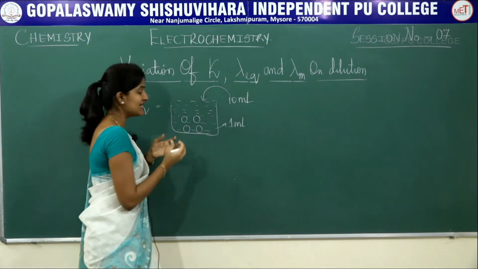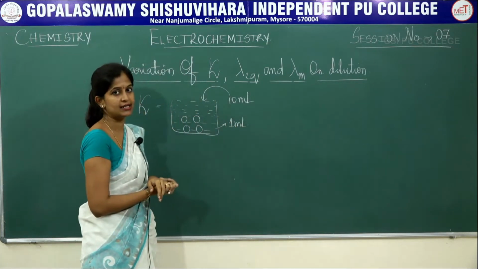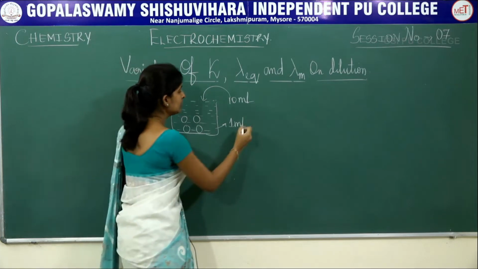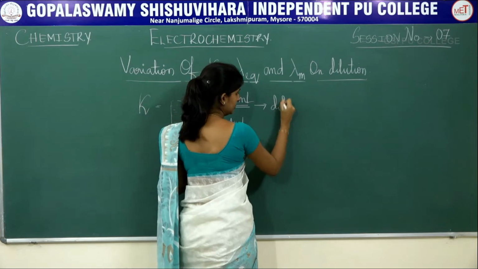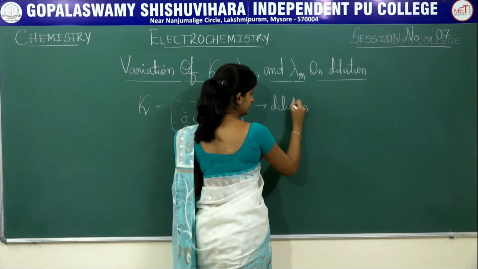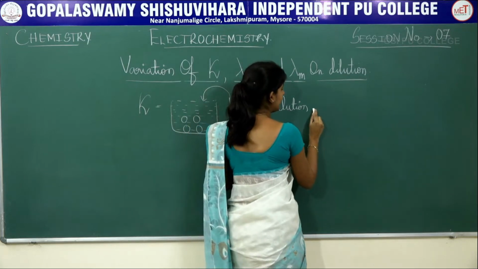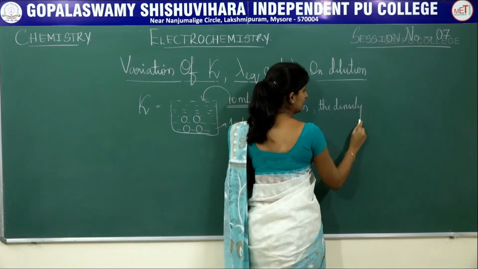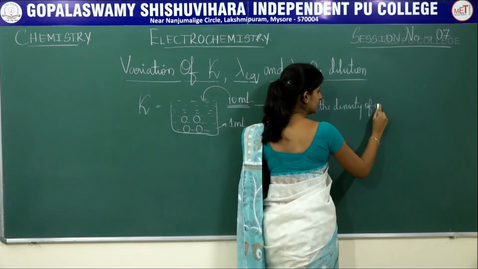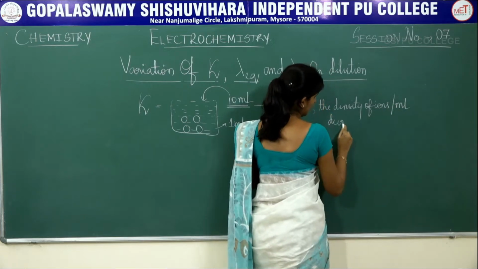That is, the density of ions in 1 ml of the electrolytic solution decreases. So after adding 10 ml of water, that is dilution, the density of ions per ml decreases.